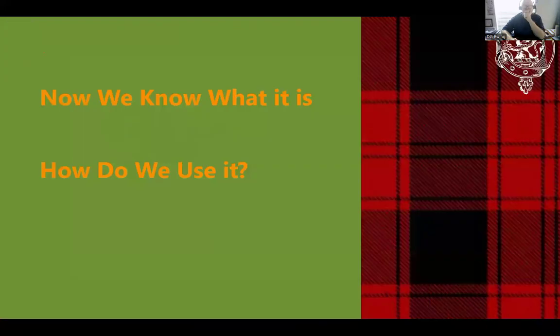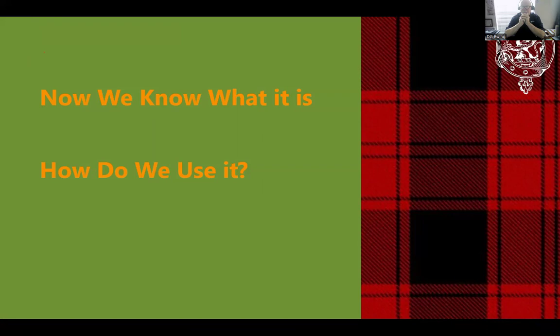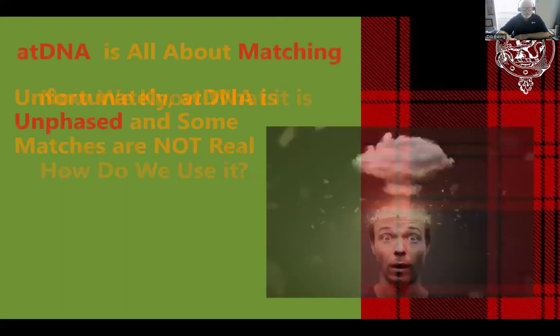Okay, so we now know the four types of DNA, the two that are useful in genealogy research: the Y, which is only in the males, and the autosomal, which is from all of our ancestors that makes us unique. That's the multicolored cartoons that we saw earlier.